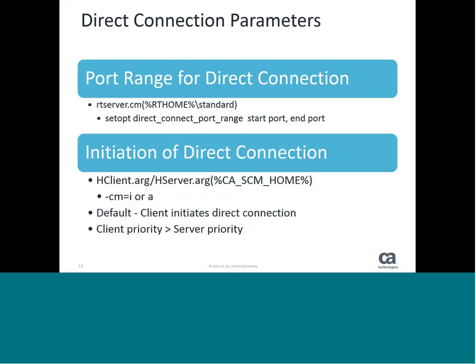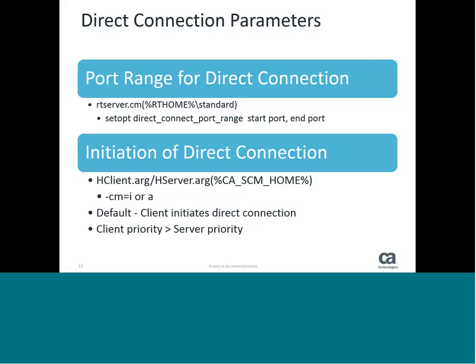one configuration parameter called direct connect port range in their RTSERVER.cm file, and they can specify a range here. Whenever the direct connection is made, for a connection one entity will be the client, which initiates the connection, and the other entity will be the server.